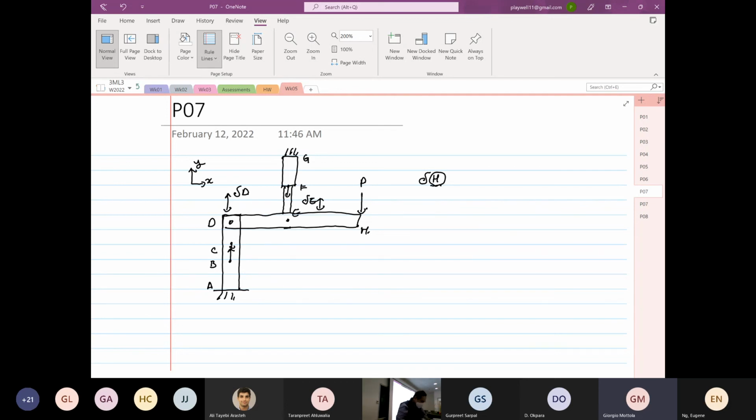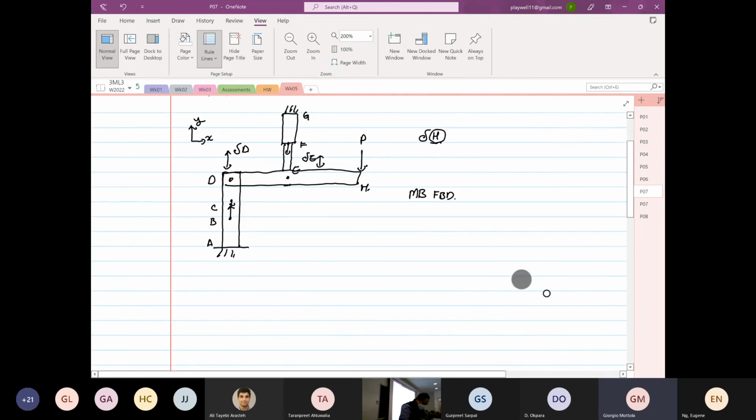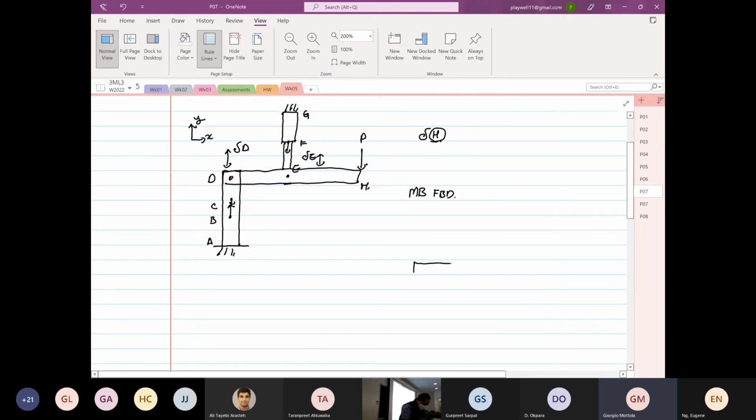What is the procedure? First, draw a multi-body free body diagram. What do I mean by that? You draw your free body diagram, multi-body. This is your point D, your point C, your point E, and your point H, right?